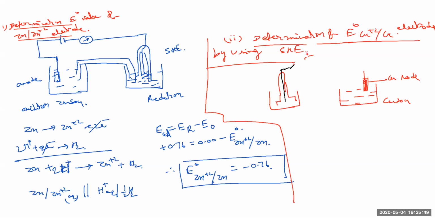You need the diagram, so imagine it here. The galvanometer is linked with the copper rod, and internally they are linked by a salt bridge. You know the salt bridge role. This is the SHE.